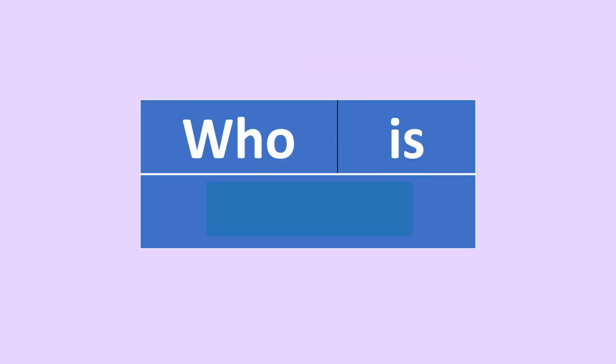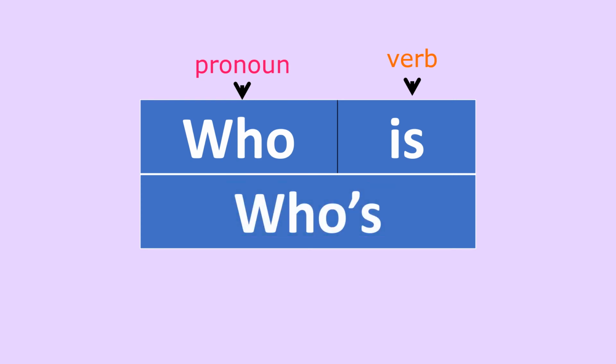There are some other examples which are similar to the two spellings of your. Here we have the two words who and is. Who is an interrogative pronoun and is that verb again. To turn them into the contracted form, we squash them together, use the apostrophe to replace the i, and we get who's.